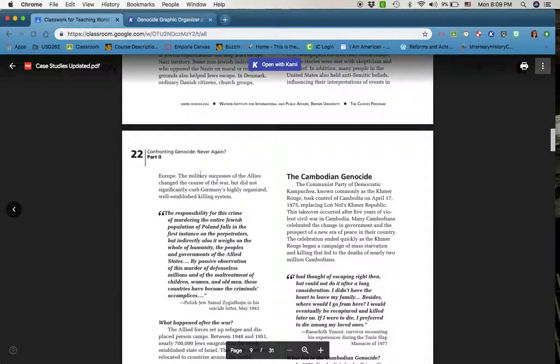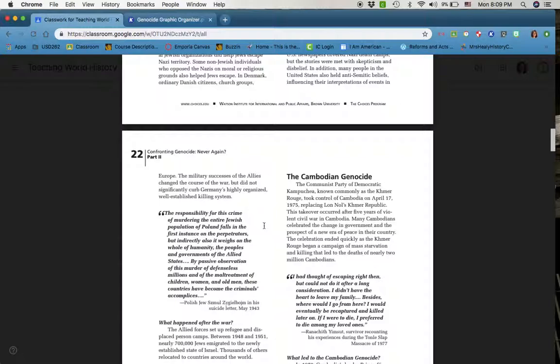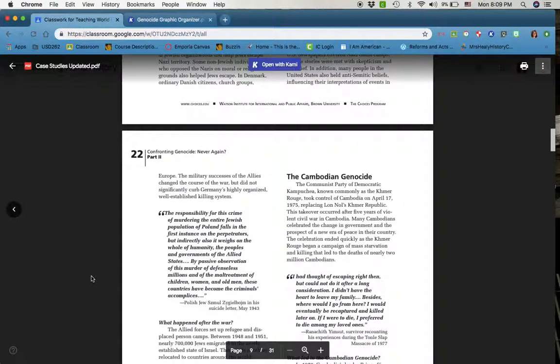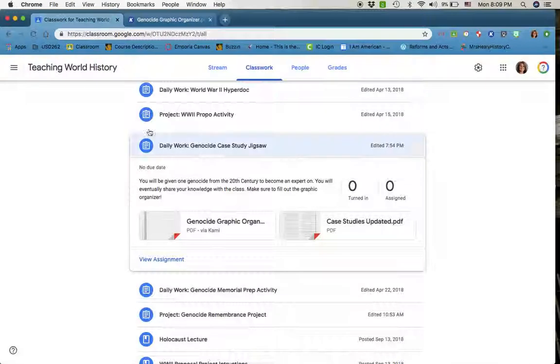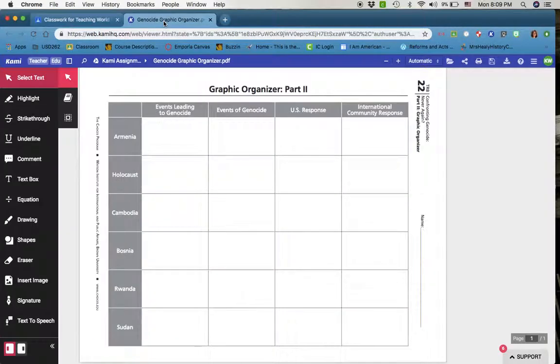So you will have to spend some time reading because you are going to be learning about a topic that is new. But these are all genocides that have happened in the 20th and the 21st century. Some of them have continued on to the 21st century. But you guys are filling out this graphic organizer as you go through. So your goal today, and what has to happen for tomorrow, is that you get your part of the graphic organizer done.